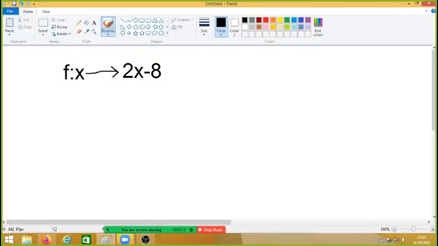Remember, a function is also called a mapping, and a mapping just means we're taking one number and turning it into another number using a bit of algebra. Once the algebra is done, what you get at the end is a number. So that's what the arrow is signifying, and that's called a mapping. The x maps to an answer that we'll get from doing 2x minus 8.